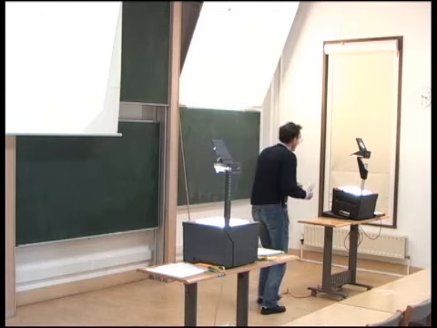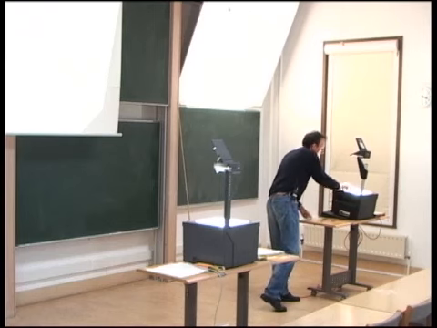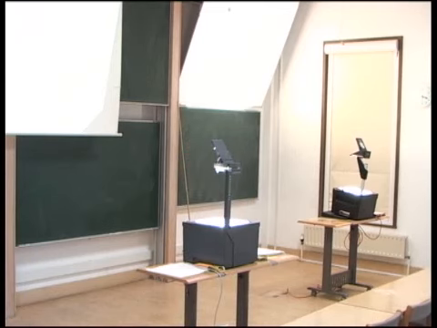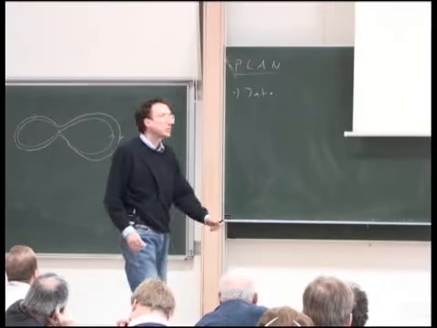So the outline of my lecture is as follows. The plan: first, I'll give a little introduction to the type of models we are interested in, and that will be completely non-rigorous.